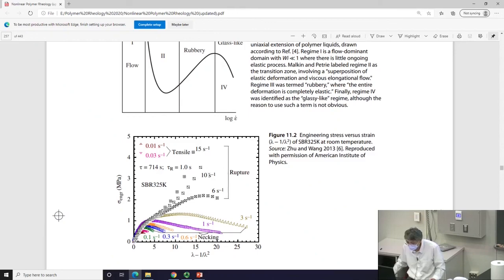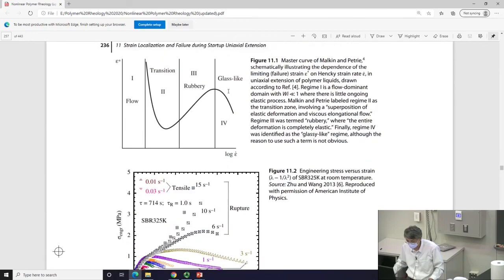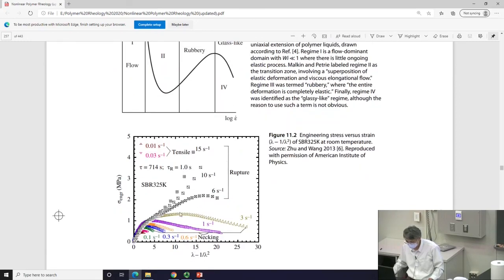Basically, what's plotted is the engineering stress as a function of lambda. And these few black symbols are the high stress. That's region 4, and we'll describe in detail what happens there. Region 4, which we call the rupture. And then at the lower rate, you find your sample can stretch by a factor of 20 in lambda before any observable failure occurs.